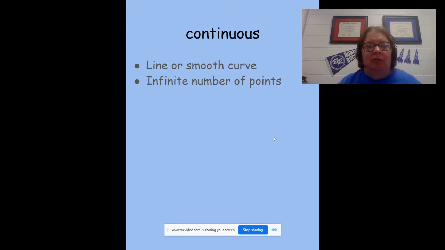Perfectly reasonable to have 1.3 feet or 1.2 yards or 2.6 meters, right? I can be 5.2 inches tall or 5'3". I wish I was 5'3", not quite. Anything that can be described with fractions or decimals is continuous. If you're graphing that, you would connect it because you can include the fractions and decimals.